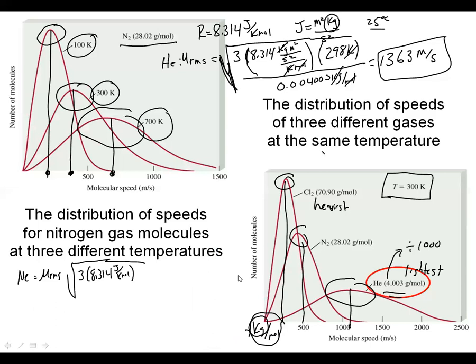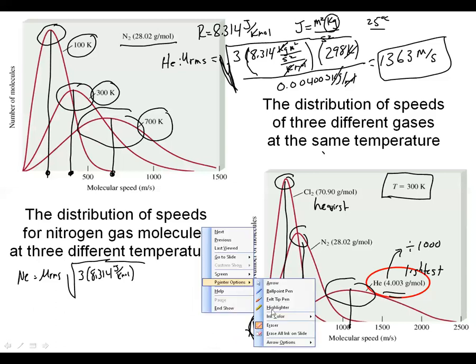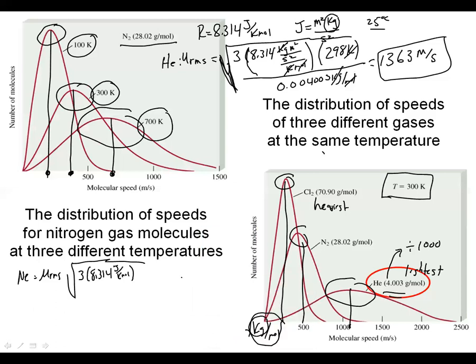We're going to do it at the exact same temperature, so we're going to do it at 298. And we're going to divide it by the molar mass of neon, which was 20.18, I believe, is what we used earlier.